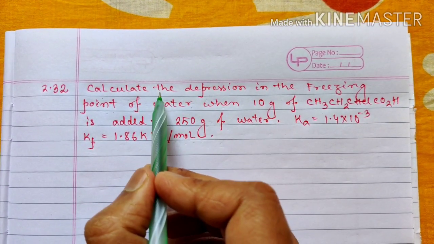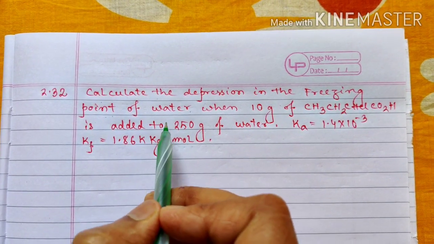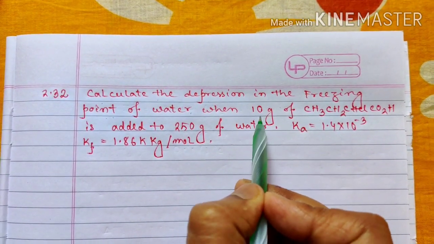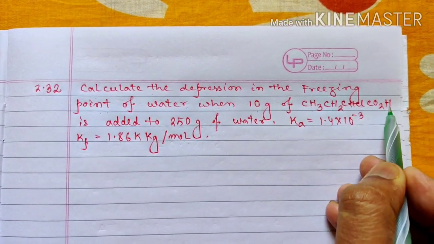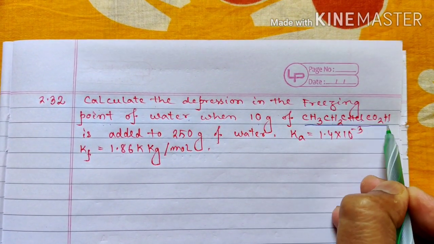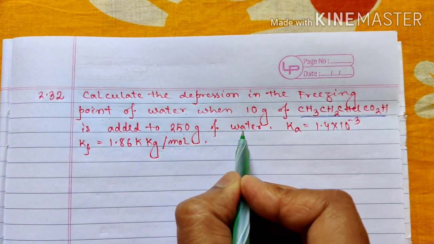when 10 gram of CH3CH2CHClCO2H, which is a weak acid of course, is added to 250 gram of water.